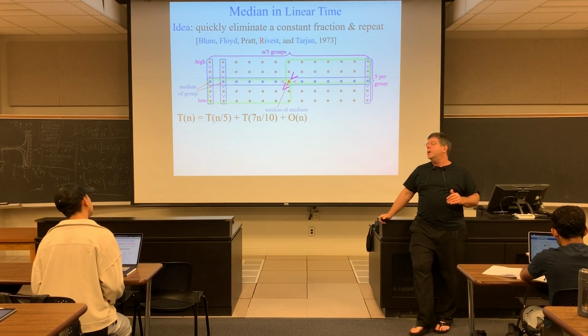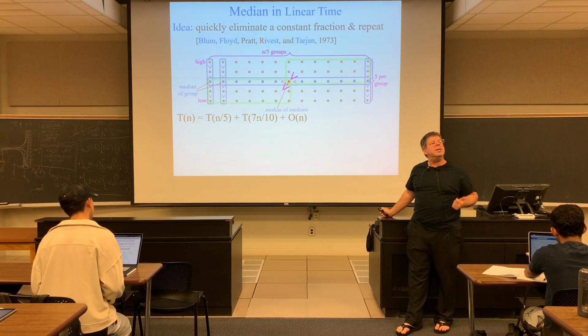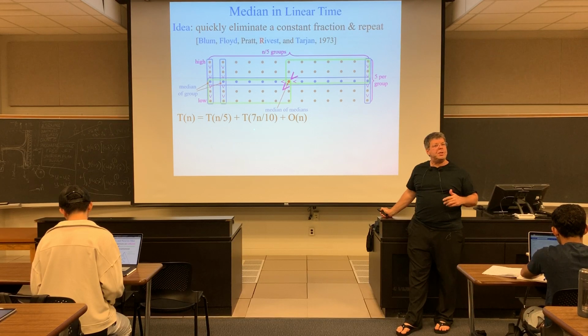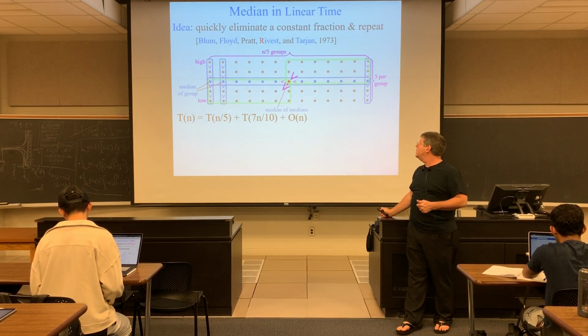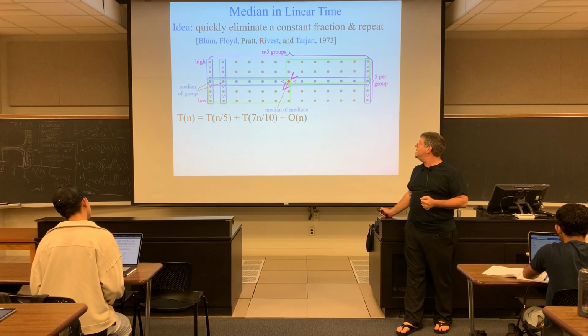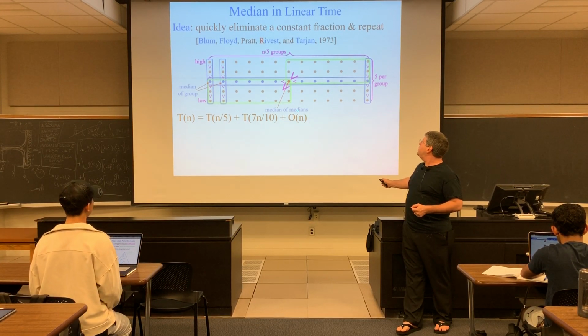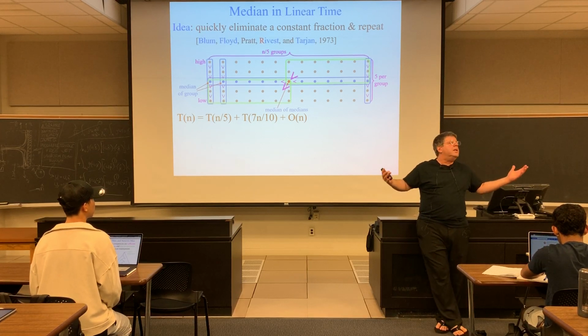So when you call it the second time, it'll only be on 70% or less. So the time for inputs of size n is the time for n over 5 for the first recursion, and 7/10 n for the second recursion, plus a linear amount of work to rearrange everything.